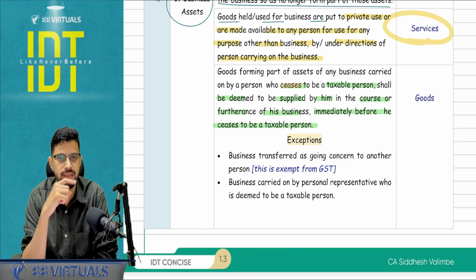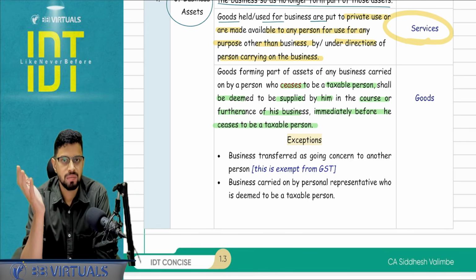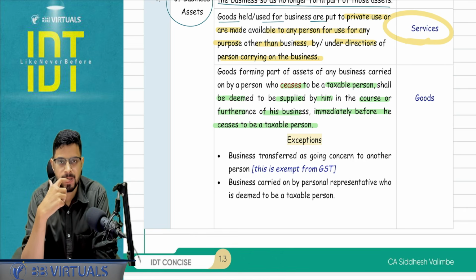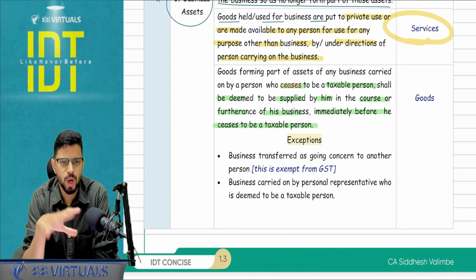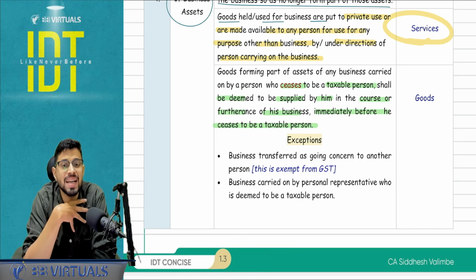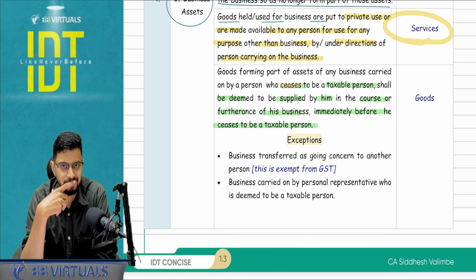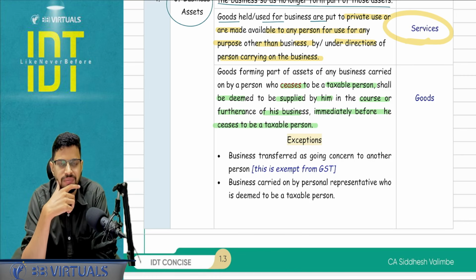Now guys, understand this. I'm a taxable person because my sales were exceeding the turnover limit. Tomorrow my business has reduced. I'm not making more than 5 lakh rupees sales every year. I cease to be a taxable person. I want to exit the GST registration.